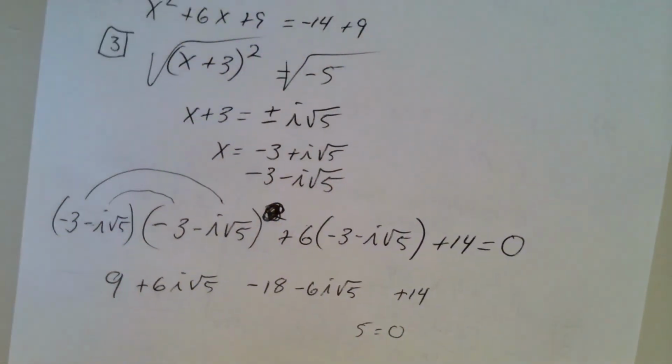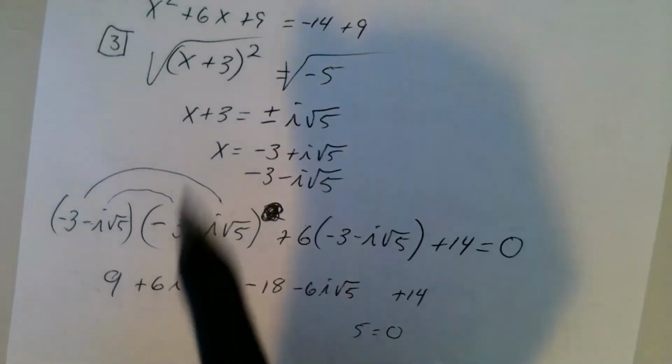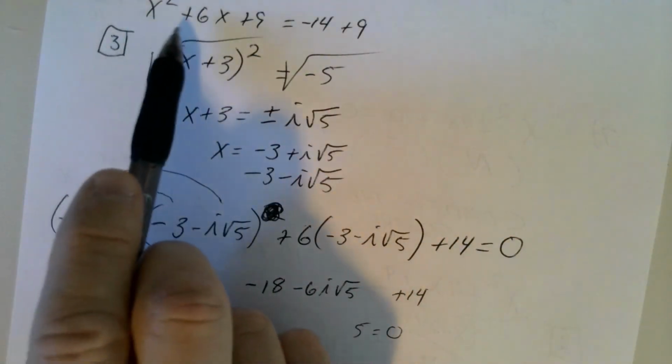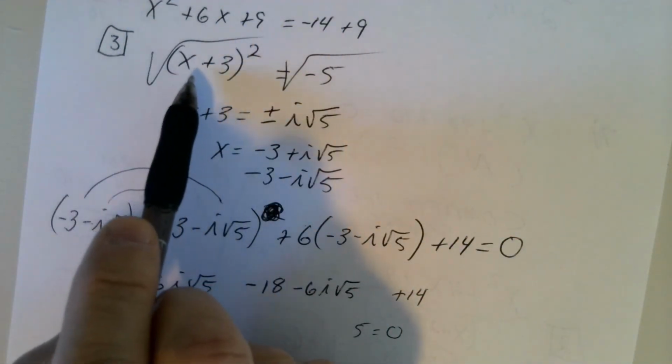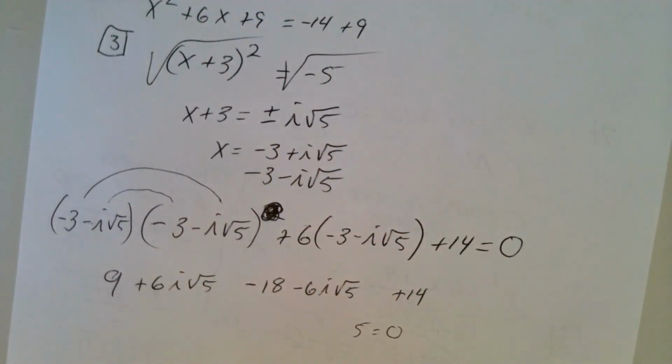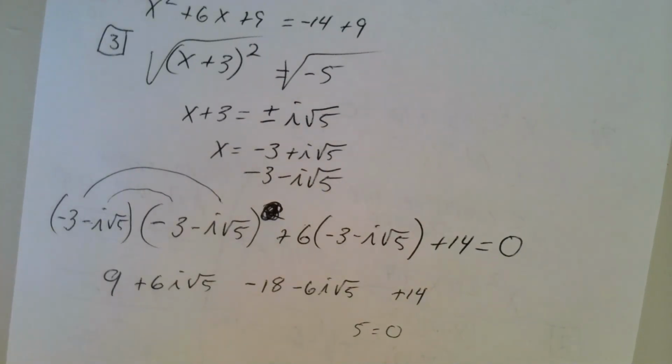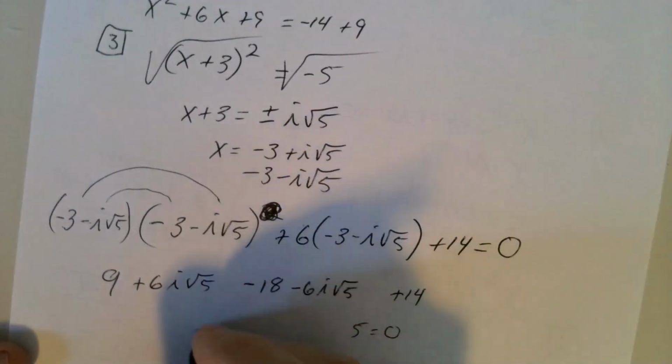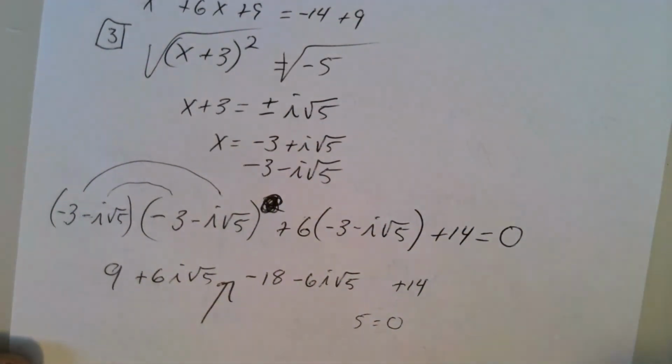So let's look back here really quickly and see where my glitch might have happened. So x squared plus 6x plus 9, x plus 3 squared. I move the 14 to the other side. It's negative 14, add 9, negative 5. Subtract the 3. Negative 3 minus i root 5. Oh, it's right here. Oh my gosh, I apologize, everybody.